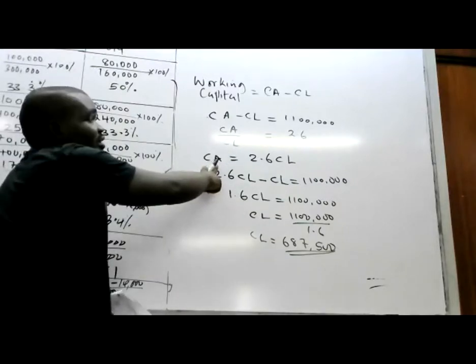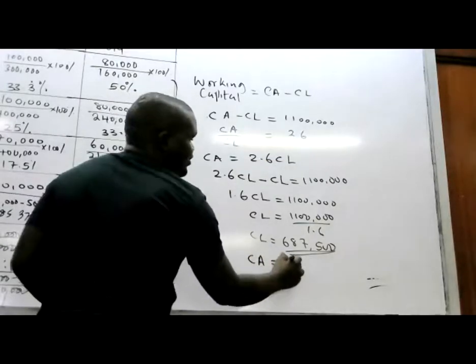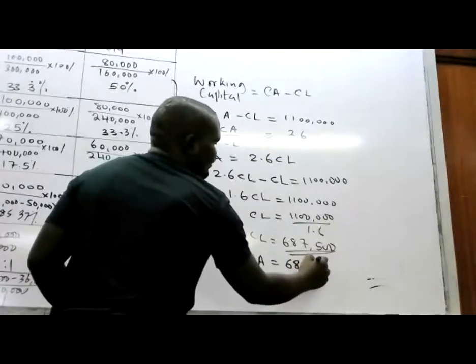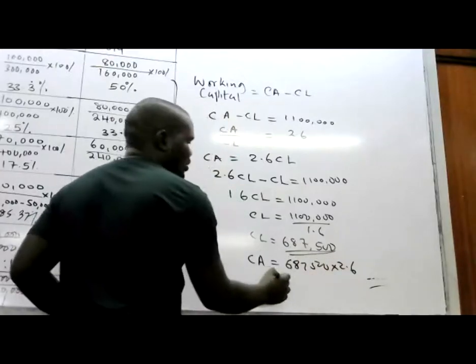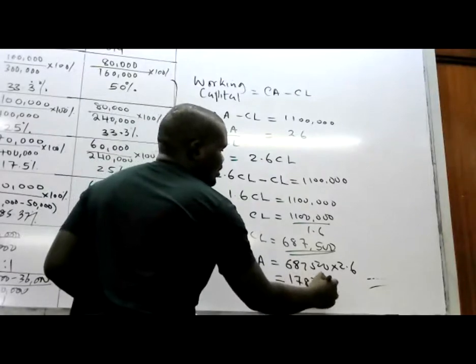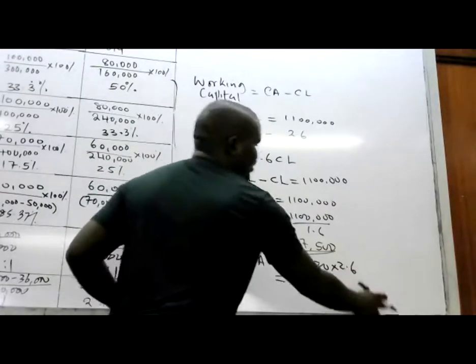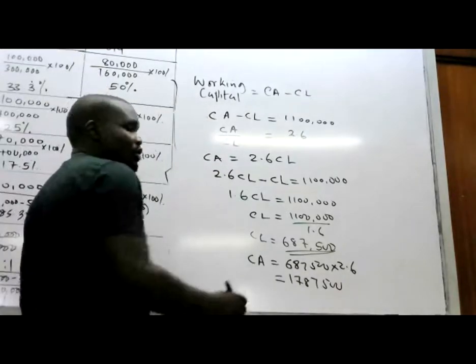So current assets is 2.6 times this. So current assets is going to be 687,500 times 2.6. Giving you how much? 1,787,500.